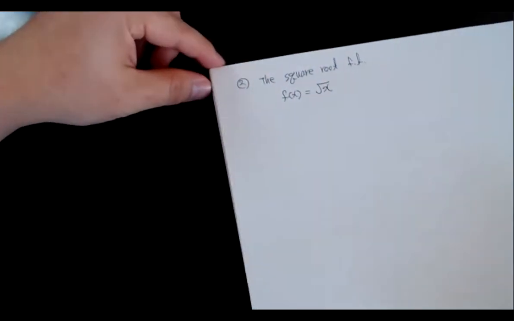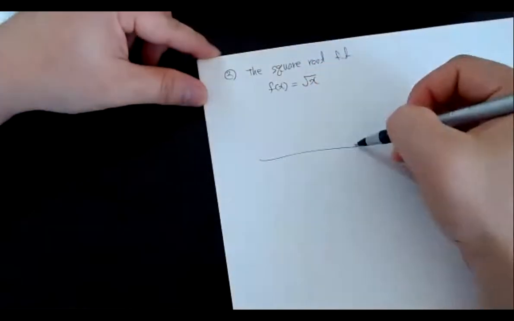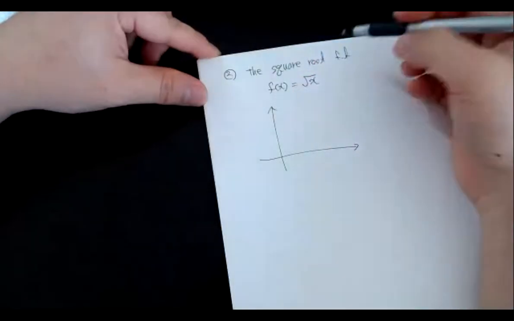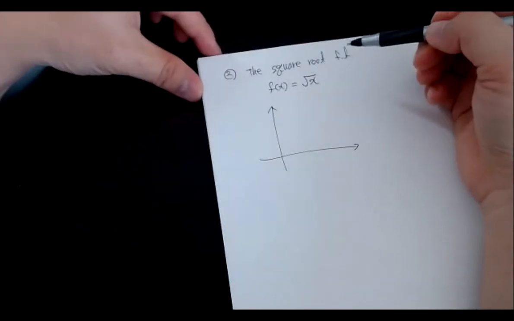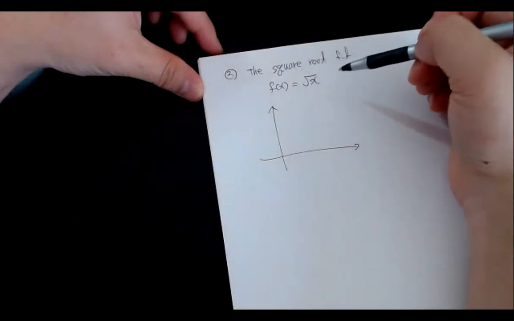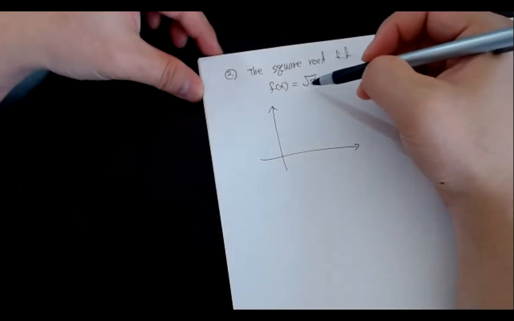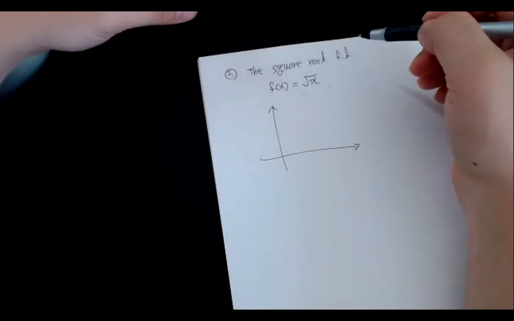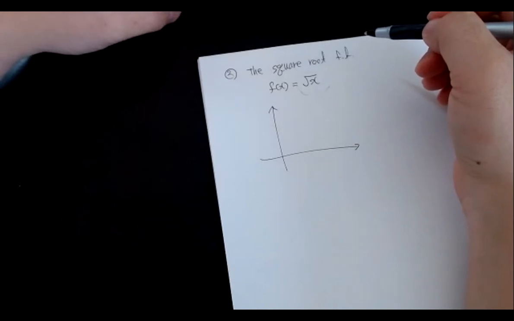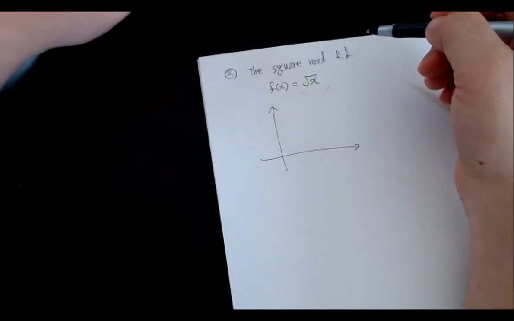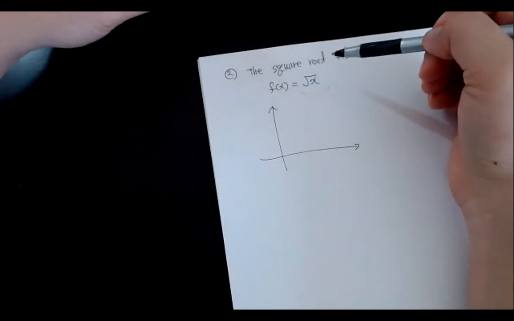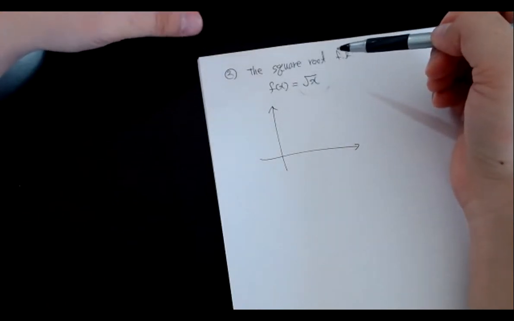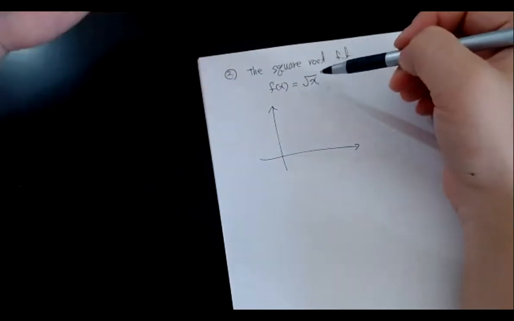The graph is this. Just take a look at this. We haven't seen this kind of function before, but I told you the square root of something is always greater than or equal to 0.